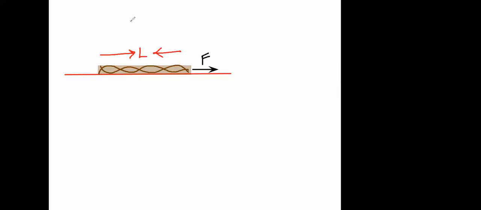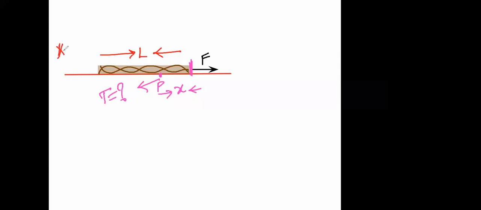Then they will ask, what is the tension at the point P, which is at a distance X from the end where the force is applied? From this end, P is at a distance X. Then what is the tension at this point they have asked?